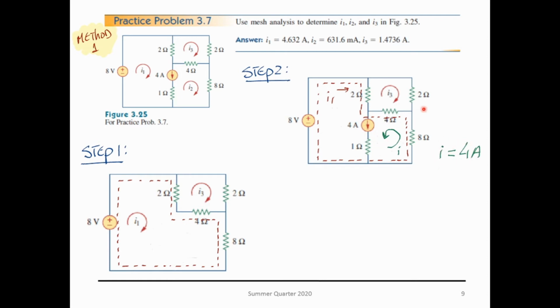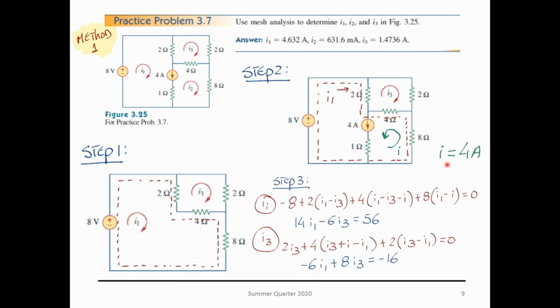All right, so just heads up. Notice that this I is not that I2, this I1 is that I1, and this I3 is that I3. So pretty much this is going to give us the answer for these 2 currents, and then we need to find this I2 because it's not 4 amps.